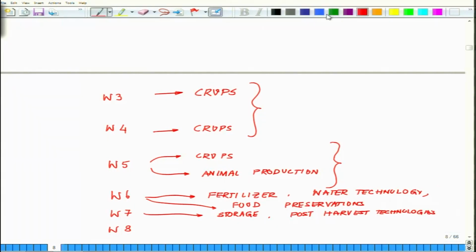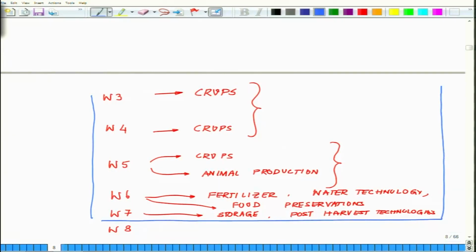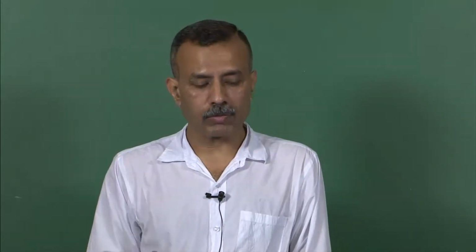So this is what is going to consume our week 3 to week 7, the journey, where we will talk about all the different updates of application of nanoparticles or nanomaterials. Precisely, I should not use the word particle continuously, because it's basically the whole family of nanomaterials.